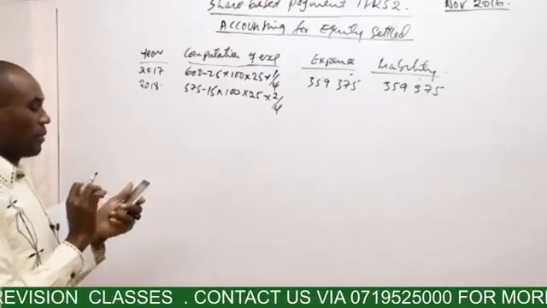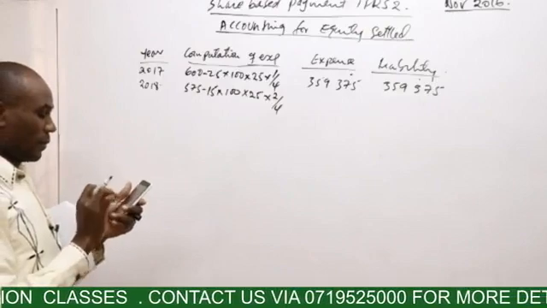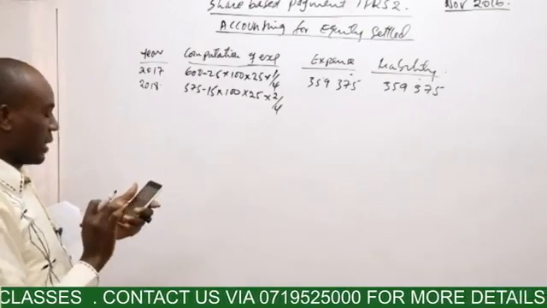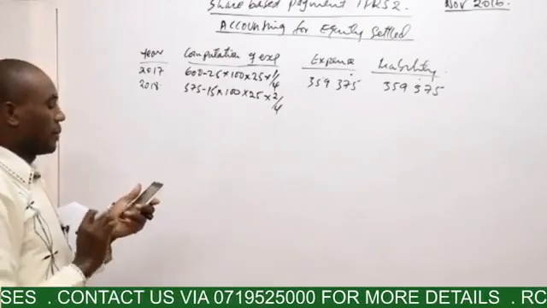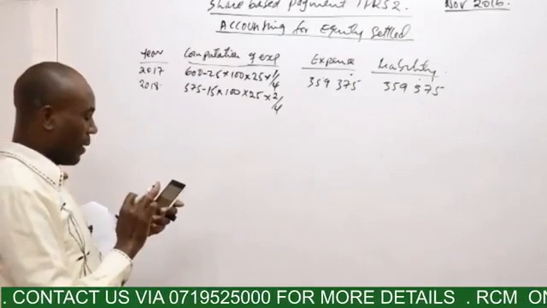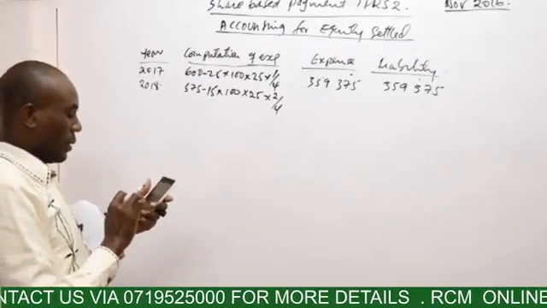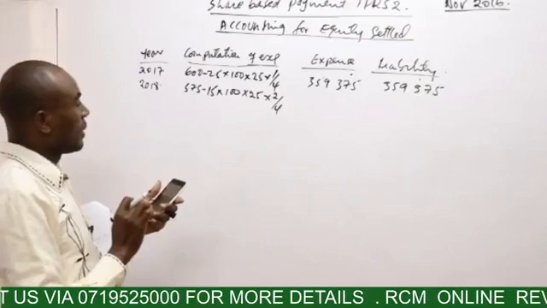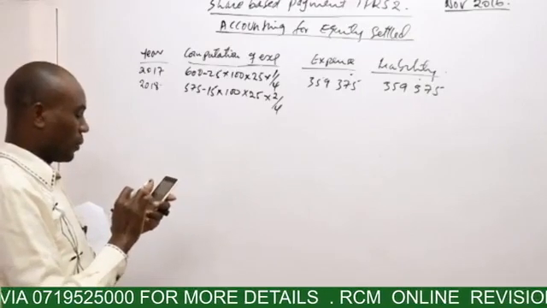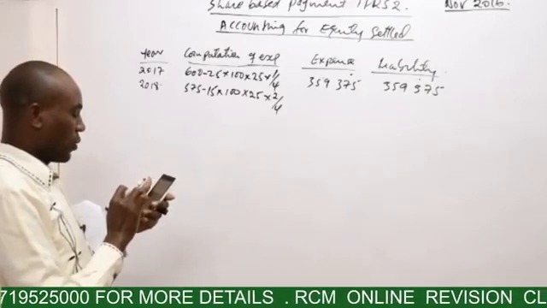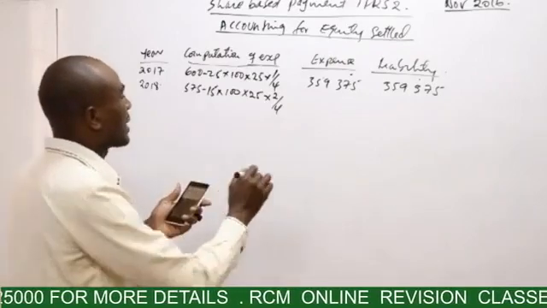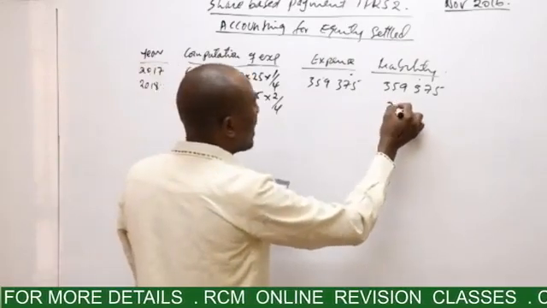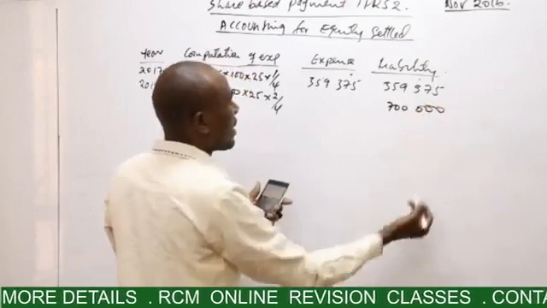That is 575 minus 15. We get 560 times 100, then times 25, multiplied by 2/4. Divide by 2. We are getting 700. 700 is the cumulative liability for the second year.